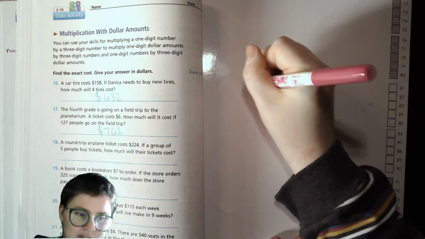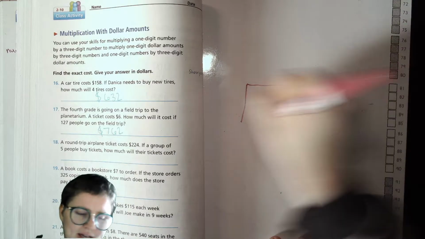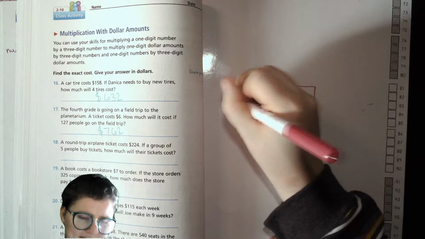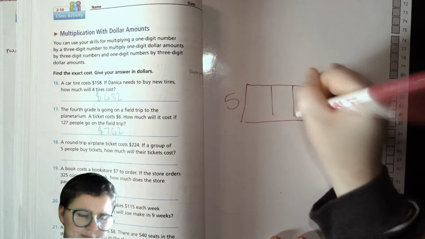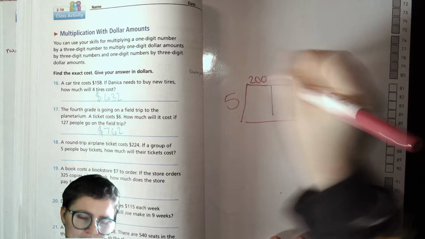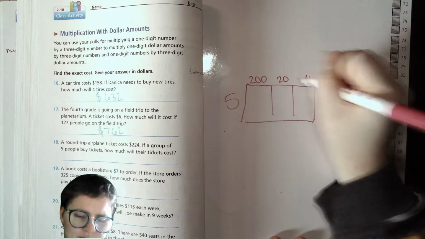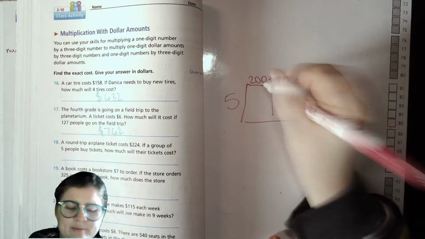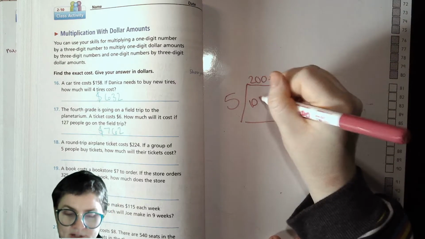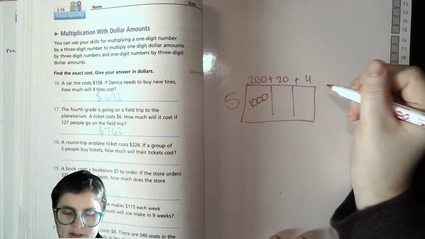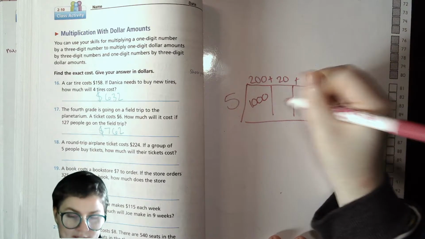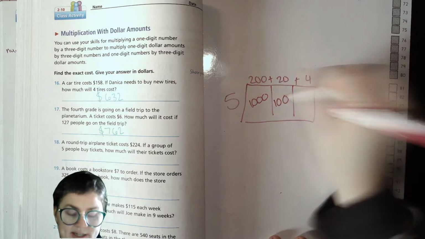I'll just be here. Okay. 5 on this side. 224. 5 times 2 is 10, so 1,000. 5 times 2 again is 10, so 10 tens is 100.